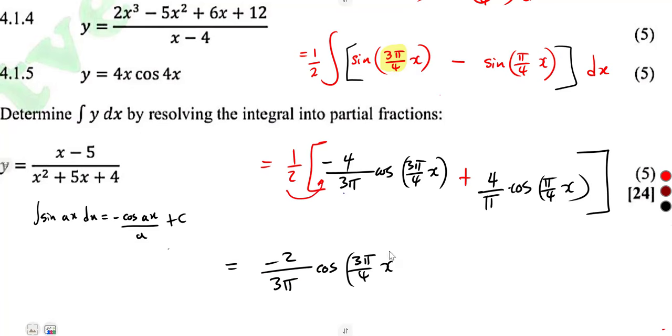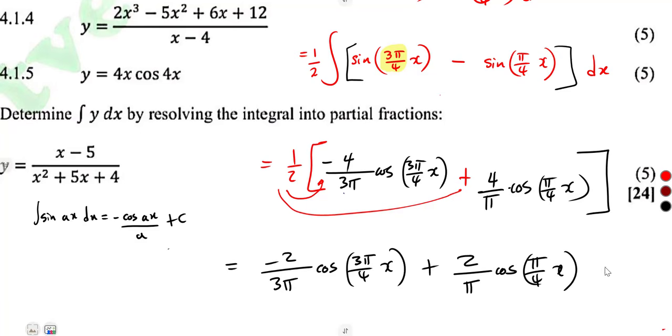And you also multiply 1 over 2 times 4 over pi, which is going to give us 2 over pi, so that's 2 over pi cos pi over 4x, plus the constant of integration. Actually you're supposed to put c because we have already integrated, so you must have the constant of integration in that case.